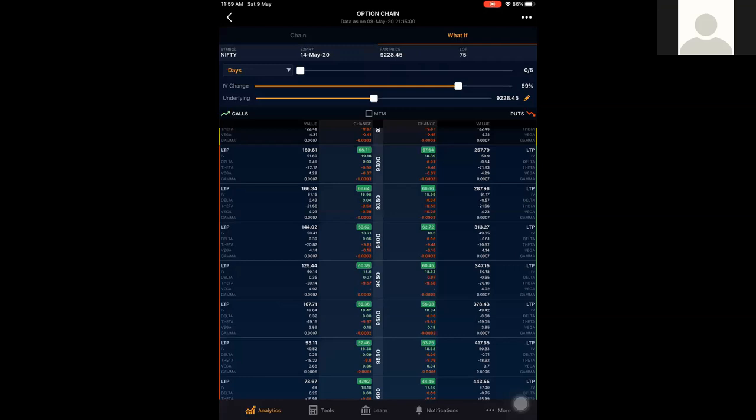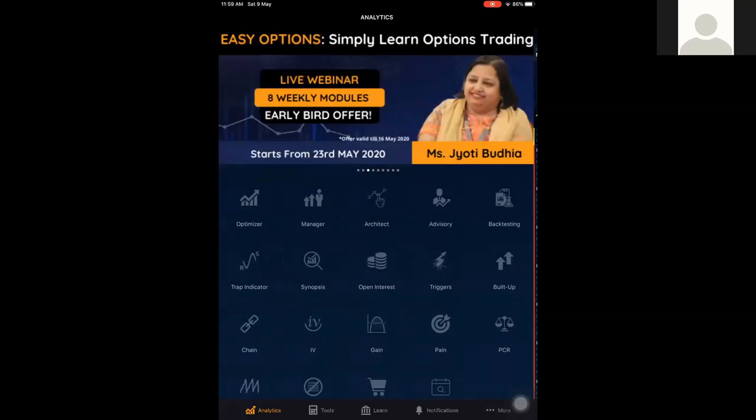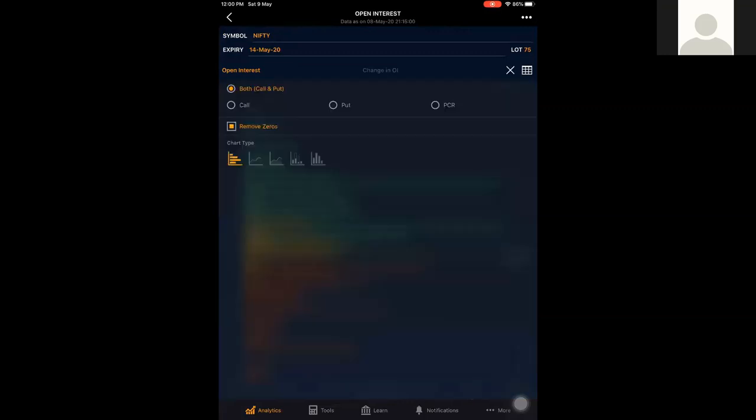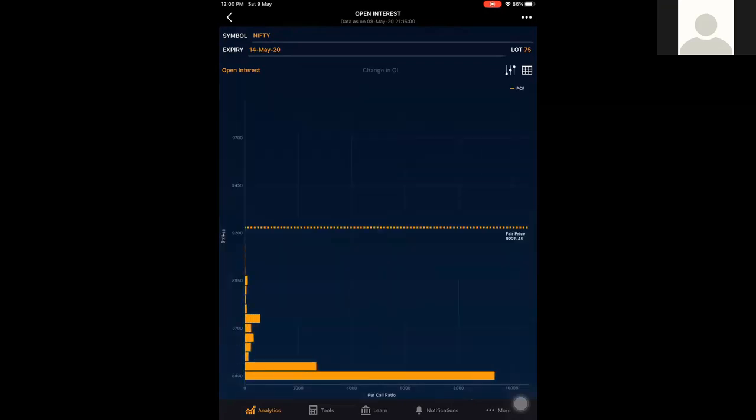Nifty PCR strike wise, yes, we do have. Someone has asked how to get the strike wise PCR. When you go to open interest, in your setting, you can see one PCR. That PCR is basically a strike wise PCR.